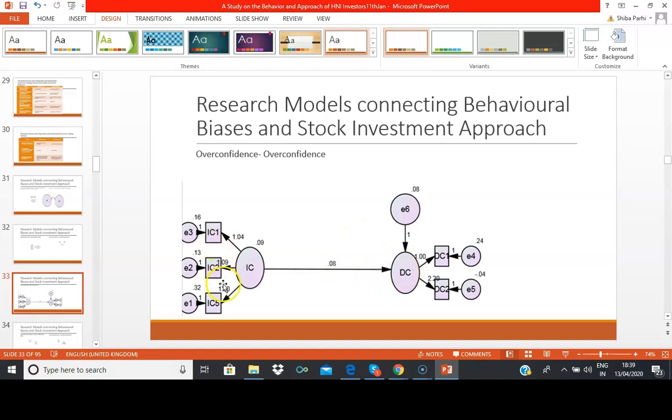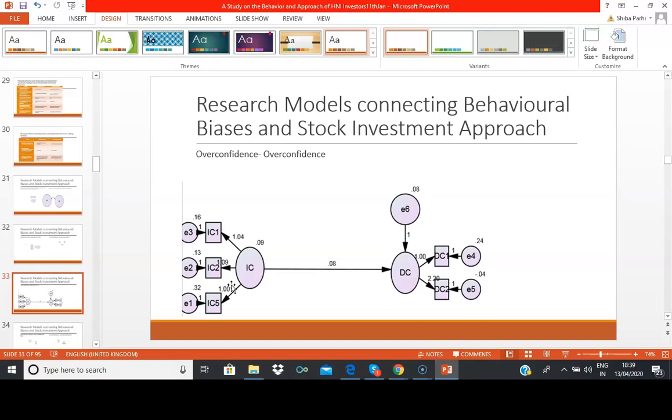So IC1, IC2, IC5 are different forms of overconfidence, maybe because of his overconfidence on his forecasting performance, overconfidence on his job performance, overconfidence on his normal behavioral biases in maybe driving skill, relationship maintenance, and all.